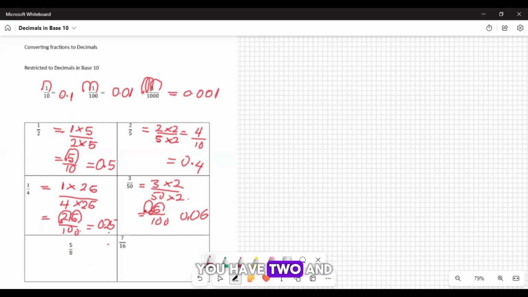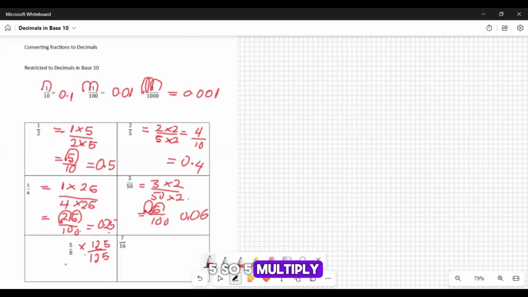Let's consider 5 over 8. It is a little bit tricky, but you can look for it. You have 2 and you have 4 in 8. So with 2, you are going to multiply by 5 to get base 10. And with 4, you are going to multiply by 25. So you just look for 5 multiplied by 25. So it means that you are able to multiply this one by 125. So 5 multiplied by 125 over 8 multiplied by 125.